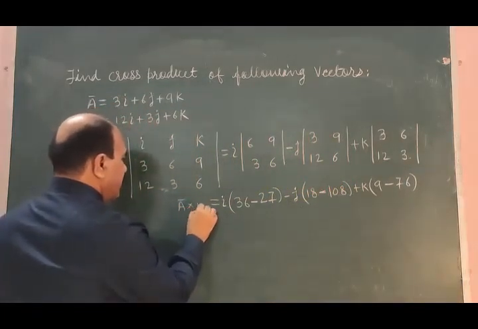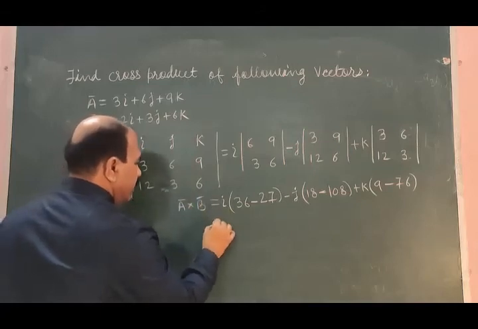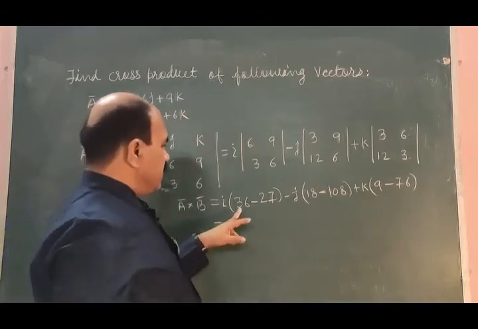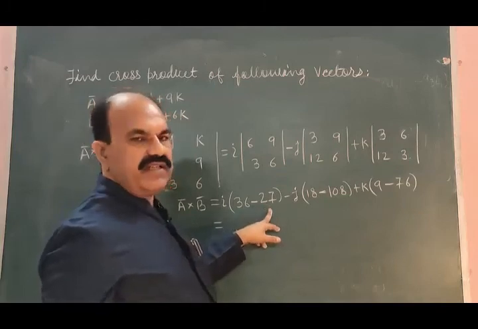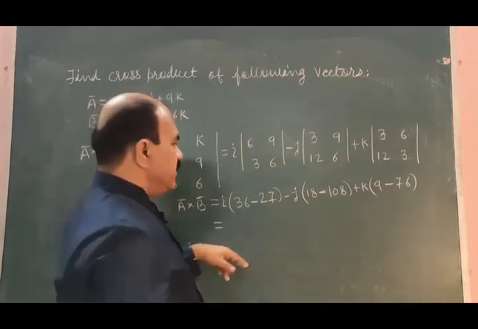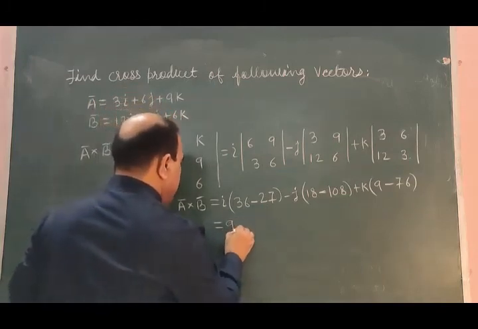Vector A cross vector B is equal to 36 minus 27, it is 9, so 9i.